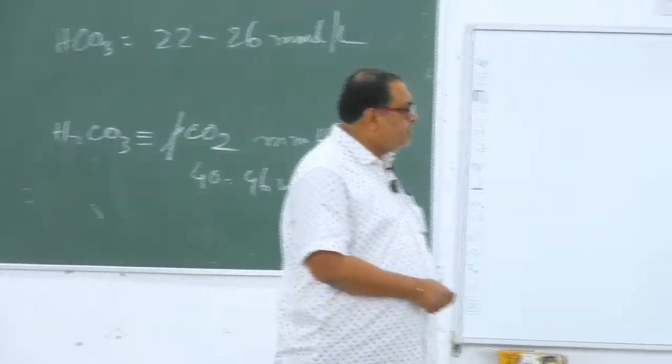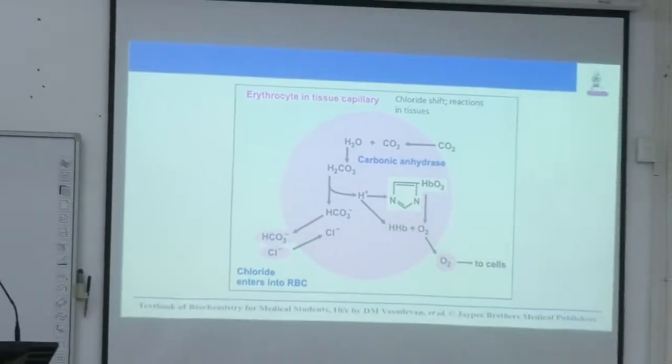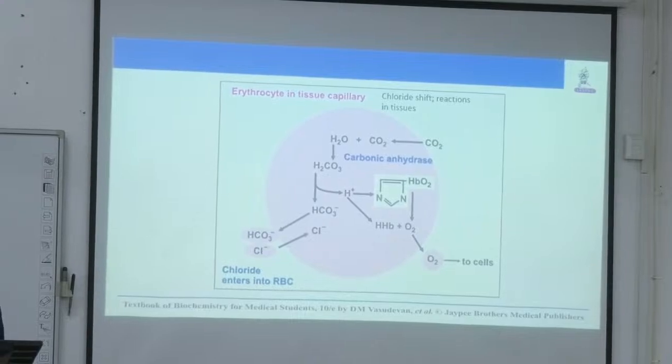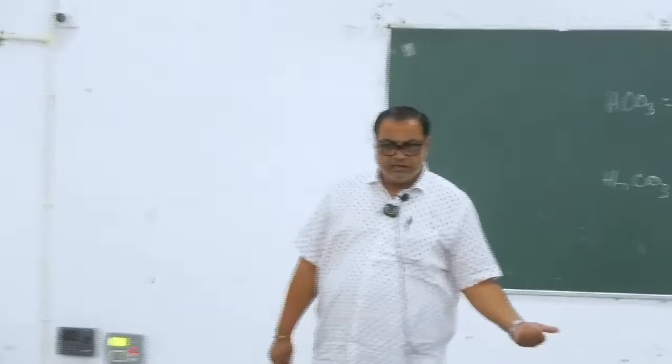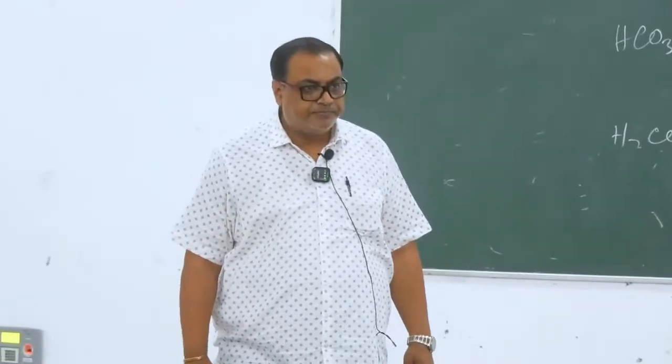The H2CO3 will dissociate and give away this H plus ion to whom? What is this imidazole ring of what? Histidine residue of hemoglobin. So the hemoglobin will take the H plus ion and will become HHb.